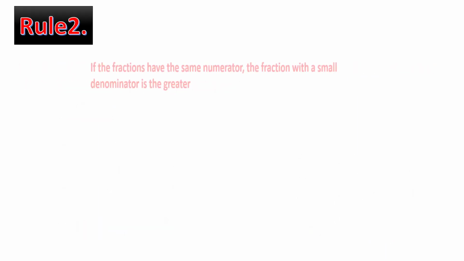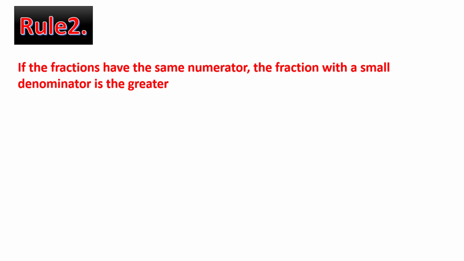Rule 2. If the fractions have the same numerator, the fraction with a small denominator is the greater one, okay? And the fraction with the great denominator is the smaller, okay? We can inverse the rule here. For example, look at this, 5 over 7 and 5 over 6.